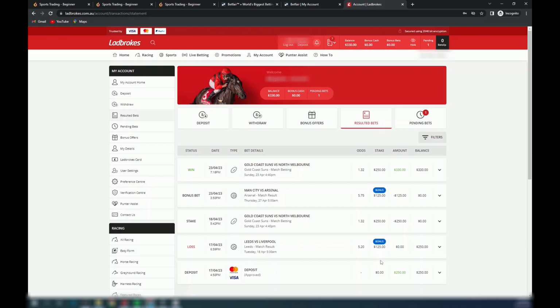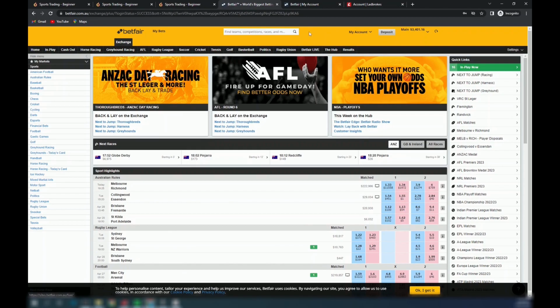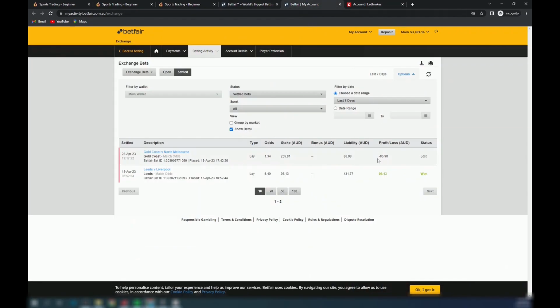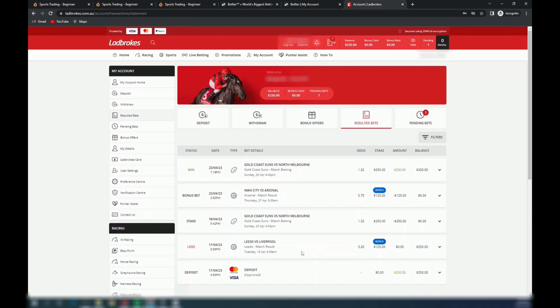And then if we head over to our lay bet, we can see that if the lay bet lost, remember, if a lay bet loses, we lose our liability, we would lose $431.77. So that would be 525 that we win on this back bet, 4.2 times 125.